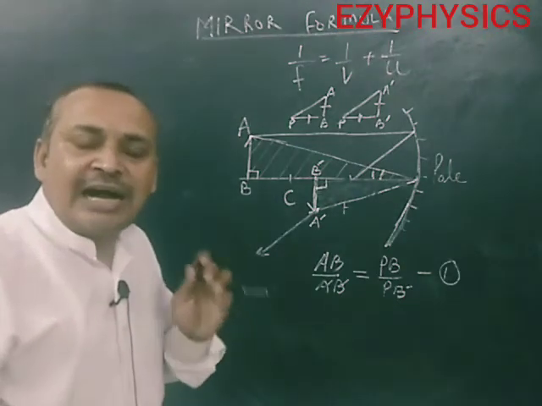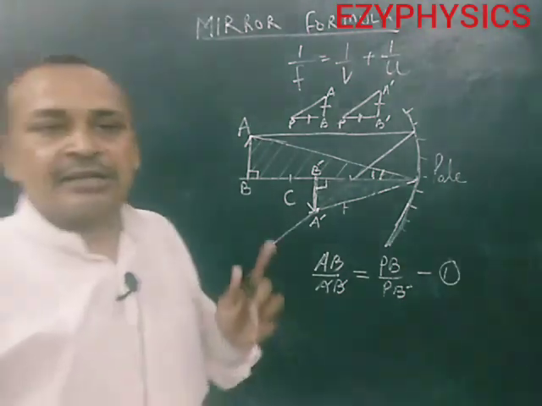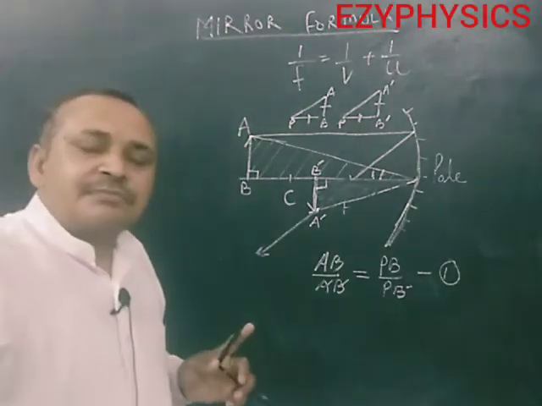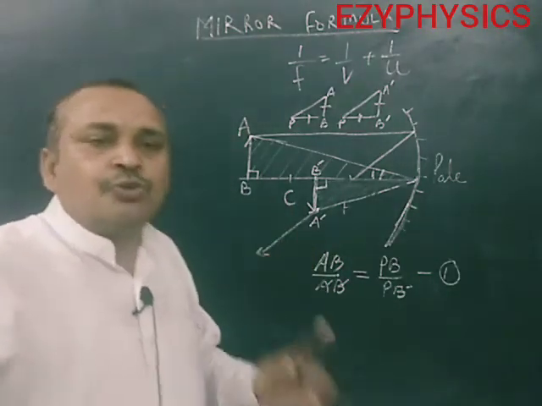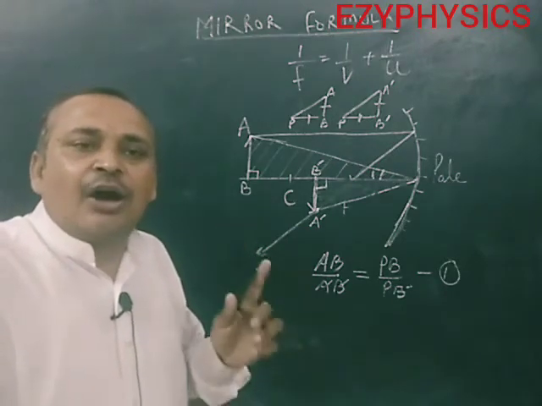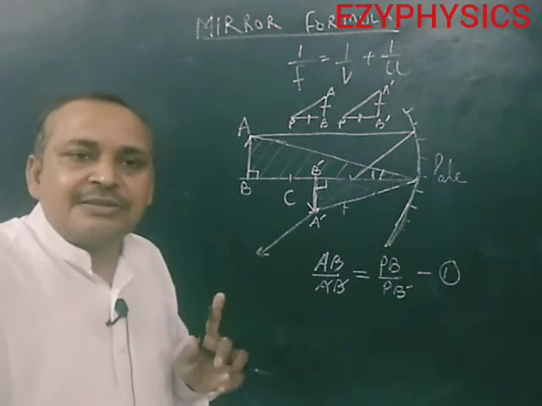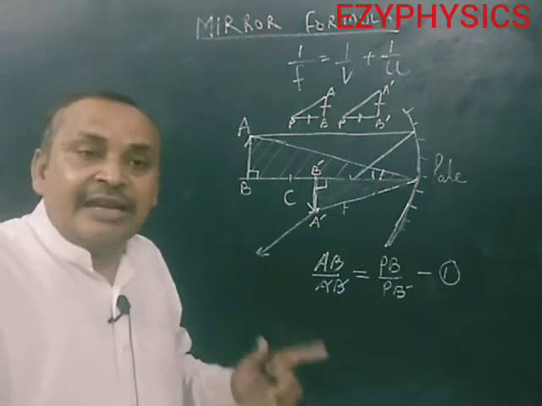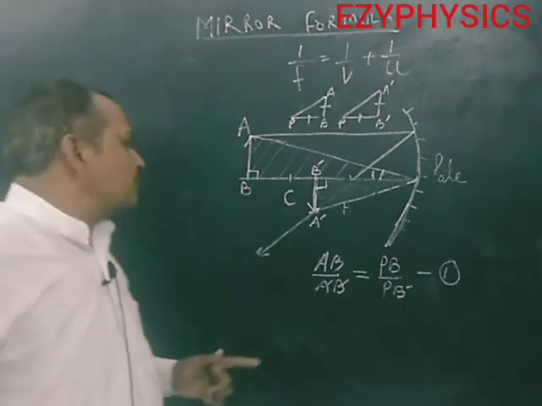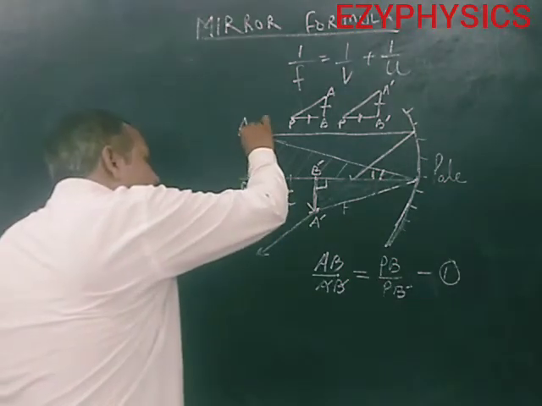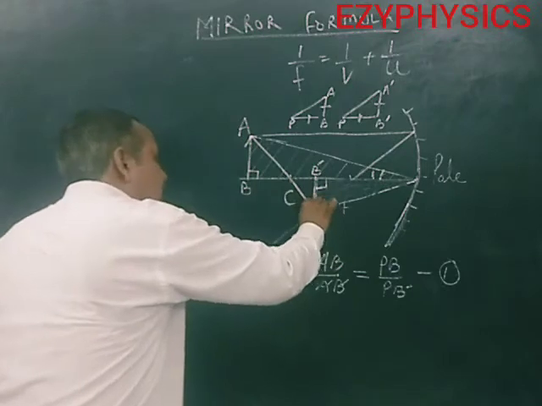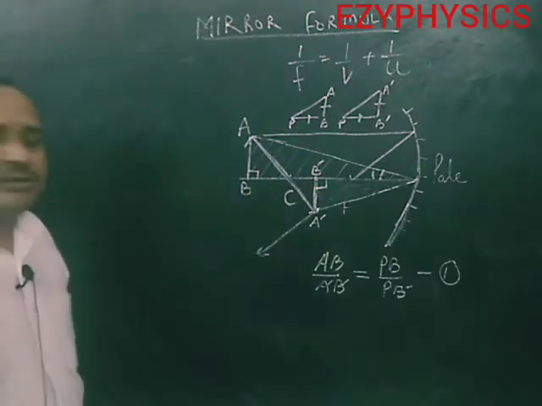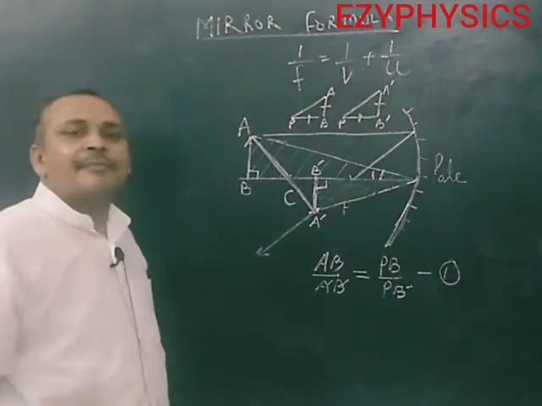The third rule says that any ray of light which passes through the center of curvature will remain undeviated. It means this line.